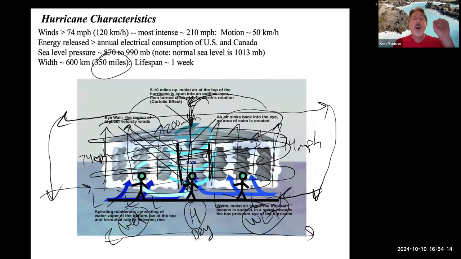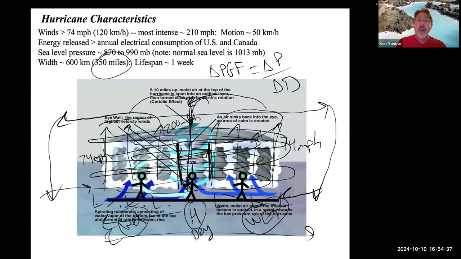But remember, what creates the strength of a wind? The strength of the wind is dictated by the pressure gradient force. And the pressure gradient force is the change in pressure divided by the change in distance. So here's our high pressure cell. Here's low pressure, low pressure, low pressure, low pressure. And the distance is getting further and further.